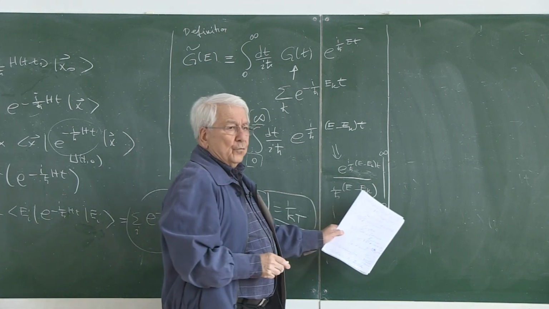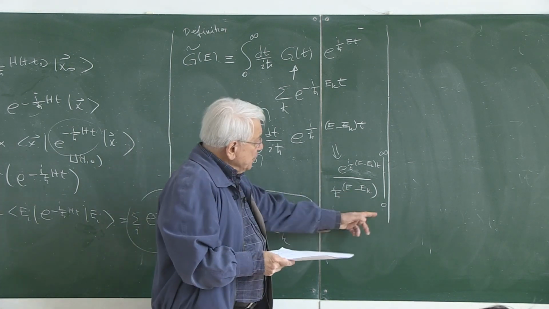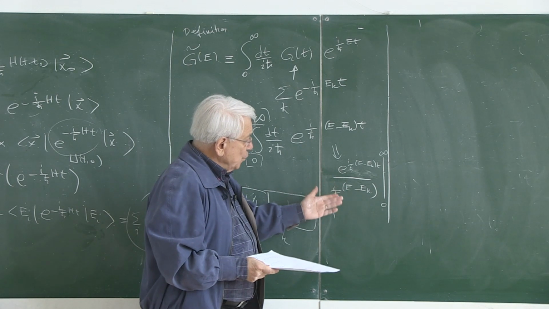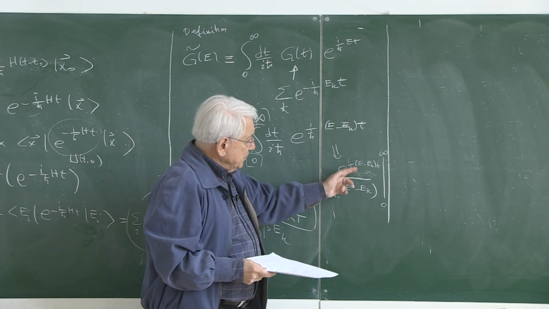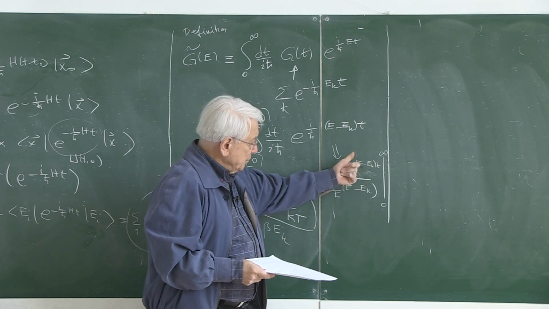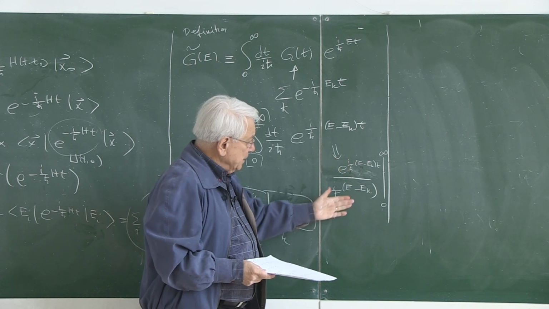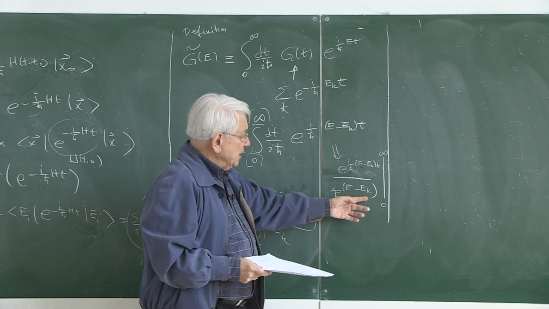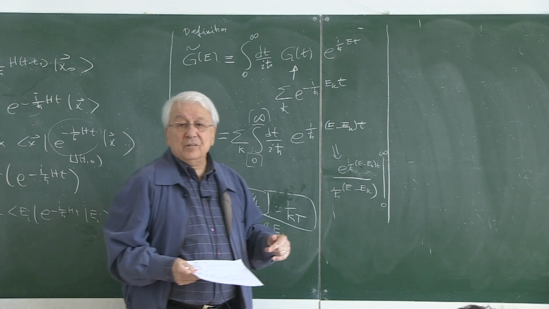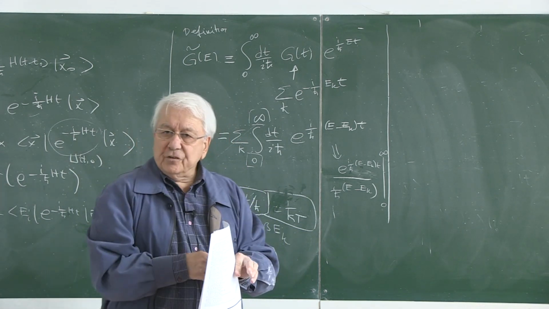At the 0 end of the integral, there is no problem, because the exponent being 0 gives you minus 1 divided by this, so 1 over E minus E_k. But at the upper limit, infinity, the problem is dangerous.